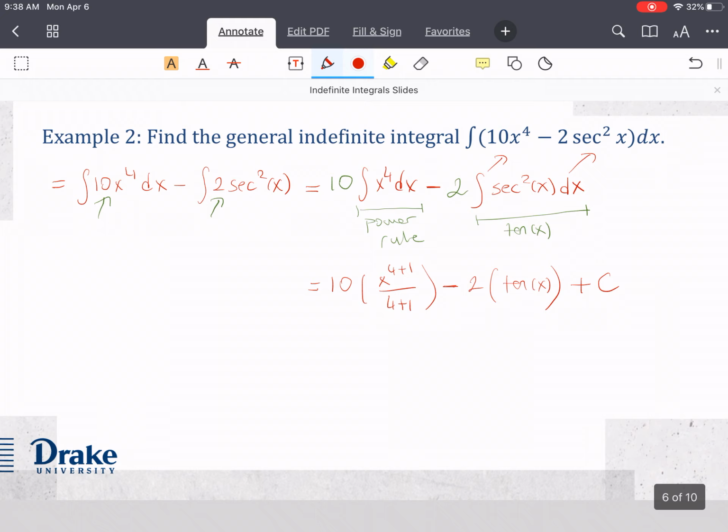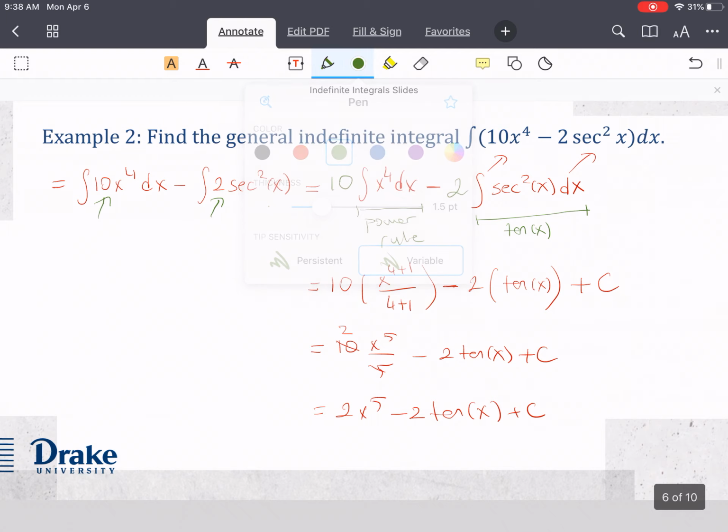You don't have to have separate c's for each integral. One constant at the end is good enough. So then 10 times x to the 5th over 5 minus 2 tangent x plus c. We can simplify this to 2x to the 5th minus 2 tangent x plus c, which is an antiderivative of this function.